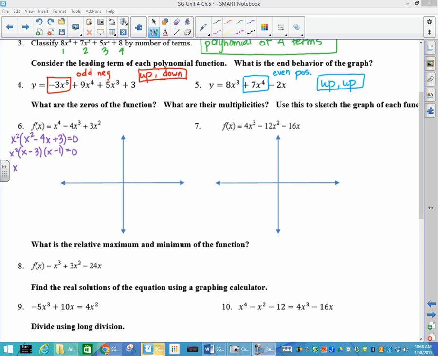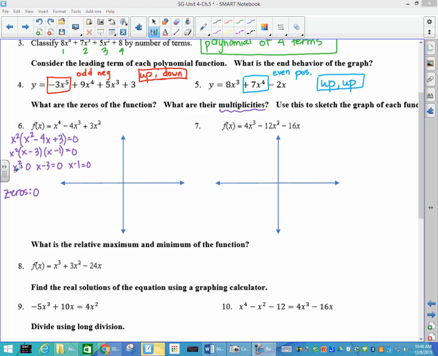So we set each factor equal to 0. X squared equals 0. X minus 3 equals 0. And x minus 1 equals 0. So that tells me that my zeros, the resulting zero here is 0, but when it asks for multiplicities here, it's just the exponent on the factor.